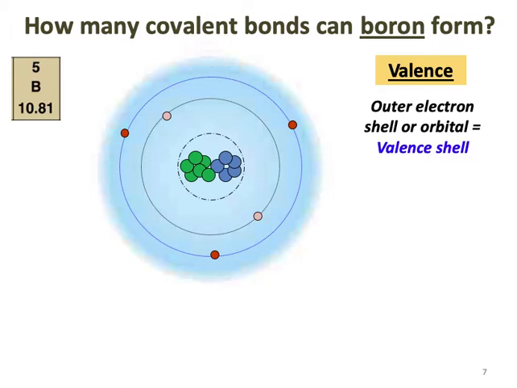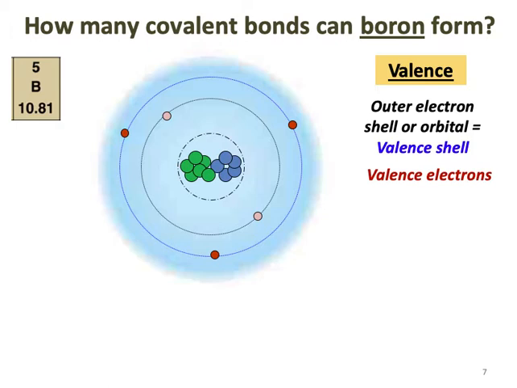Valence refers to the properties of the outer shell or orbital, which is called the valence shell right there. I like to think of this shell as the face of the atom that it shows to the world, and which determines how many bonds it can form. The electrons in the valence shell are the valence electrons.